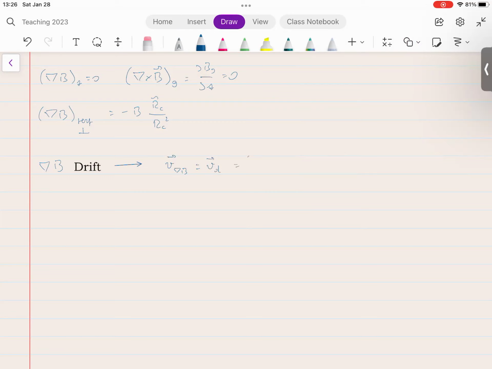That's going to be equal to, remember, m v perp squared divided by q, B cross grad B over B to the third power, since I'm using the full B. And let me make this a straight line.